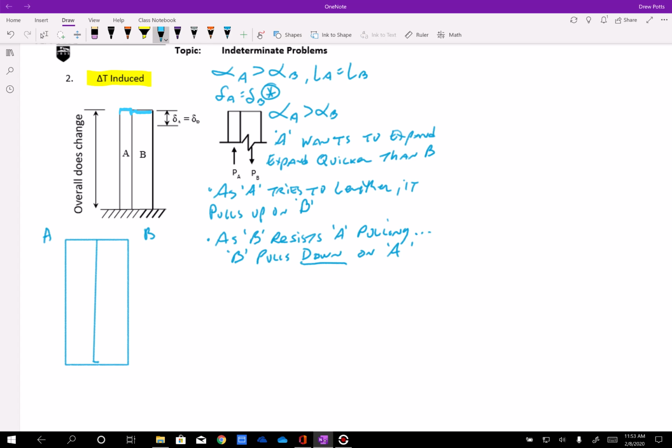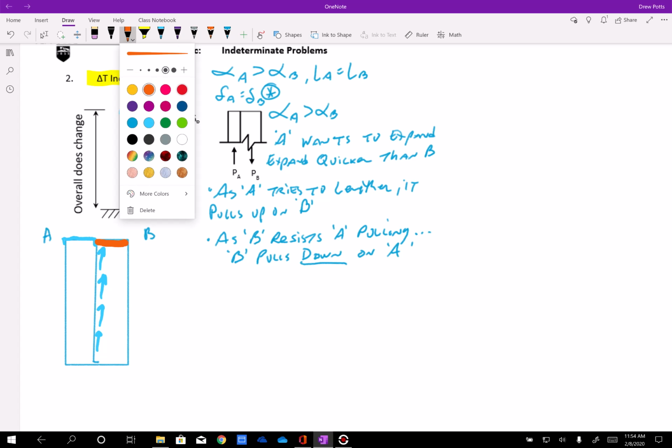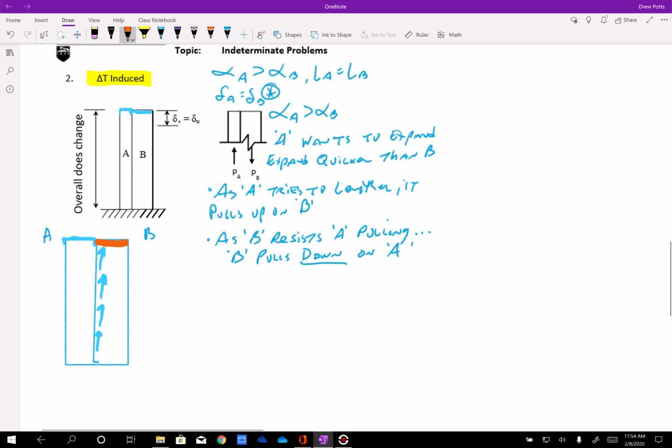Again, A tries to get a little bit longer, it's pulling up on B. And as B tries to stay shorter, it's pulling down on A. So we see that A is in compression to resist that downward force, and B is in tension to resist that upward force.